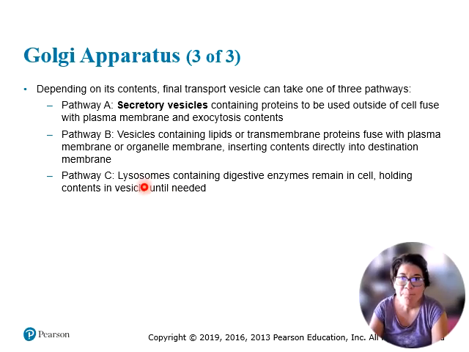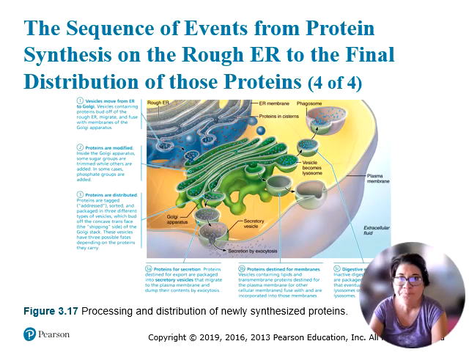Or lysosomes, which have digestive enzymes, which are proteins. So maybe the cell's just making these lysosomes, and then they sit there in the cell until they're ready to digest something. So those are your three things. It can leave the cell, it can become part of the membrane, or it can be used inside the cell.